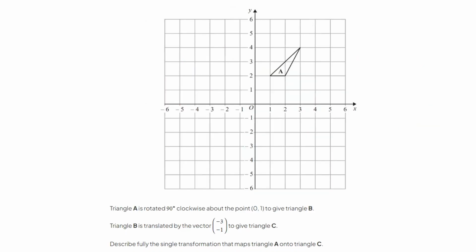What about this example? We're told triangle A is rotated 90 degrees clockwise to give triangle B. And then it's translated in the vector -3, -1 to give triangle C. So how do we combine A to C? Well, the first thing we need to do is we need to put A to B. So let's find the center of rotation, 0, 1, which is here.